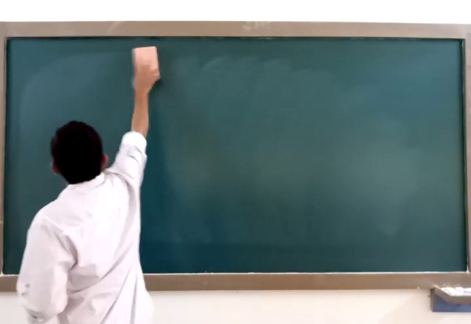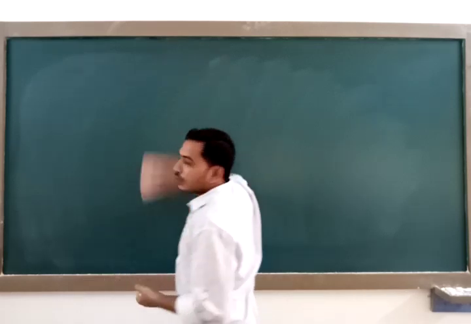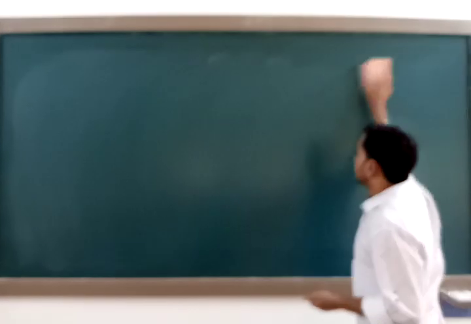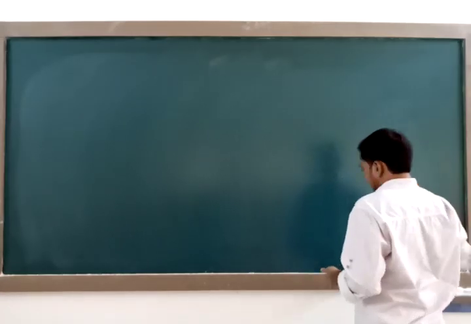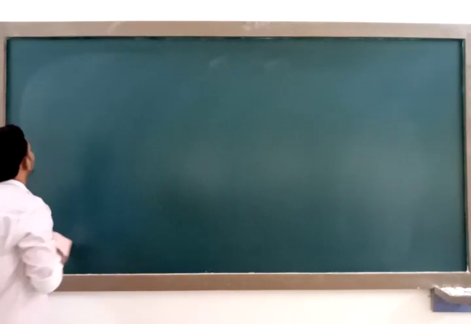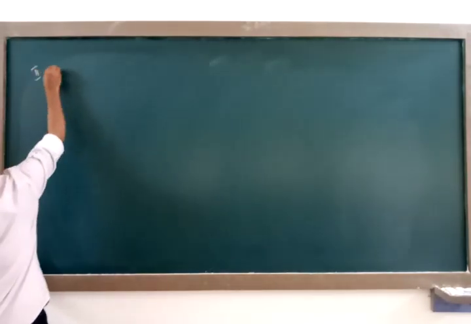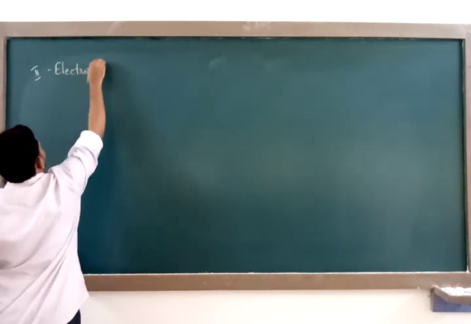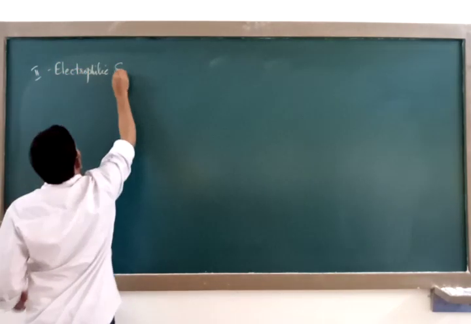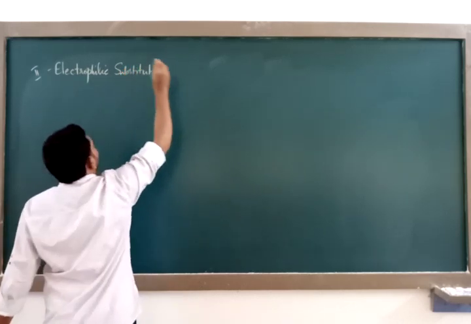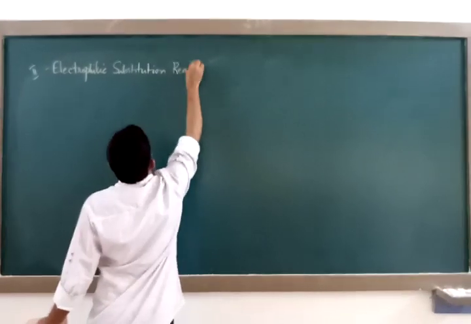You have studied nitration, chlorination, then sulphonation and Friedel-Crafts reaction. Similarly, this year we have for haloarenes, they are electrophilic substitution reactions. They are very easier when compared to nucleophilic substitution reactions.